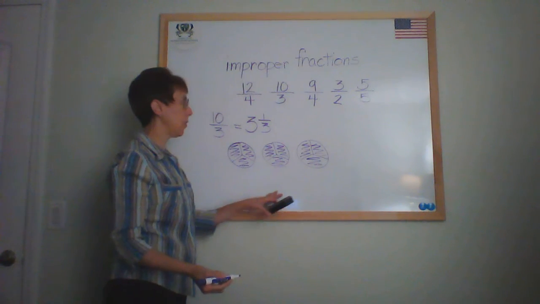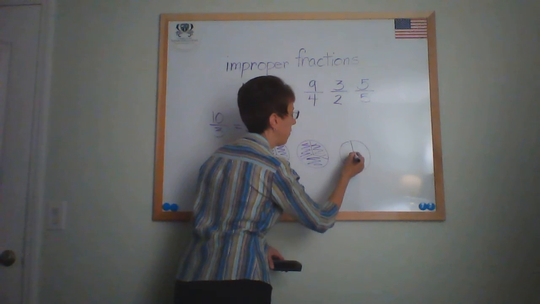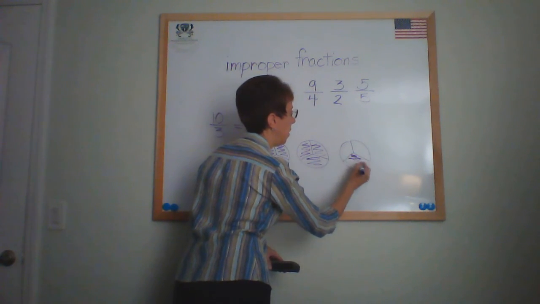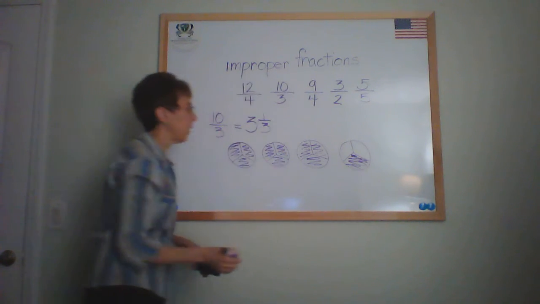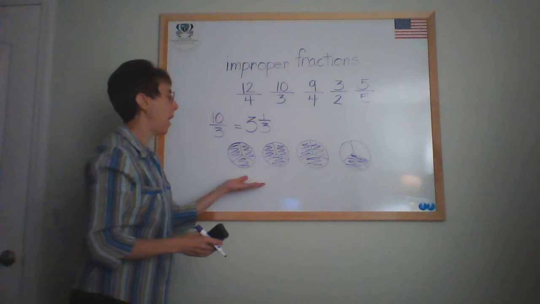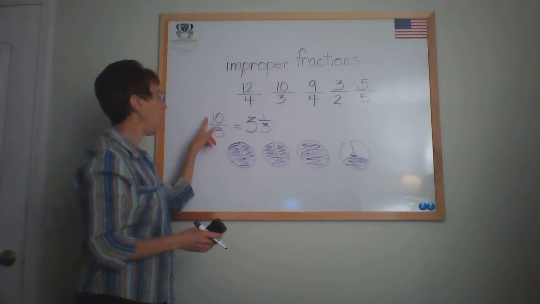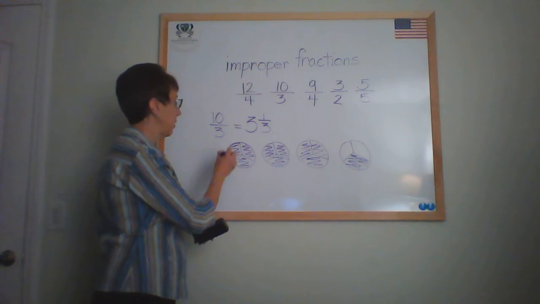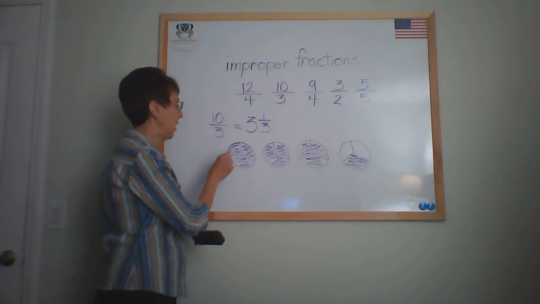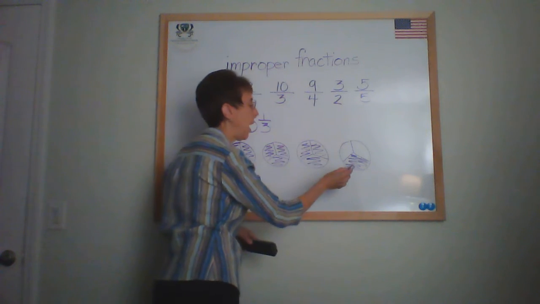That's only 9, so that lets us know we need to go further. Here we go, 10. 10 thirds have been shaded in. I have circles divided up into thirds because that's what I need to have. I need to have 10 of those thirds shaded in. 1, 2, 3, 4, 5, 6, 7, 8, 9, 10.